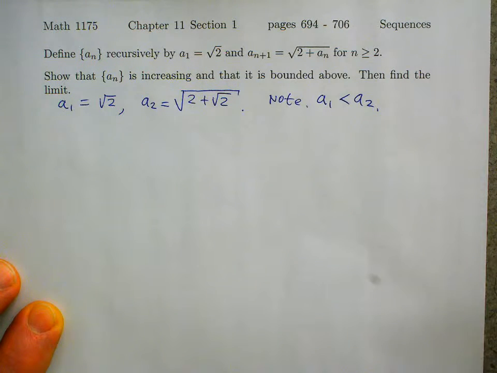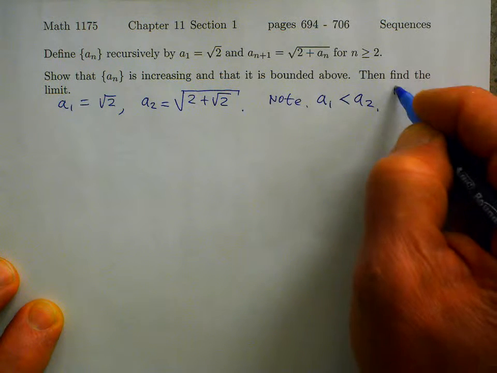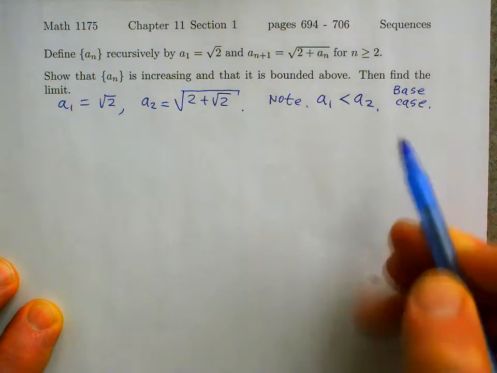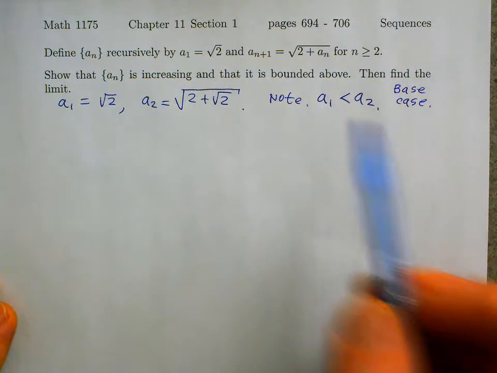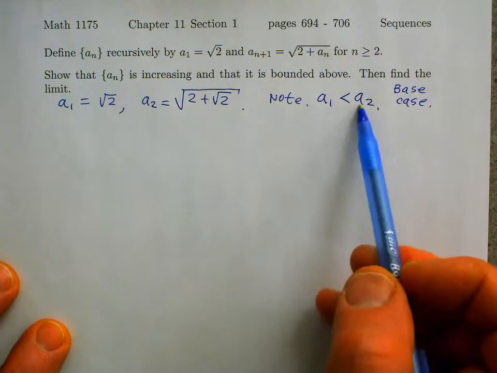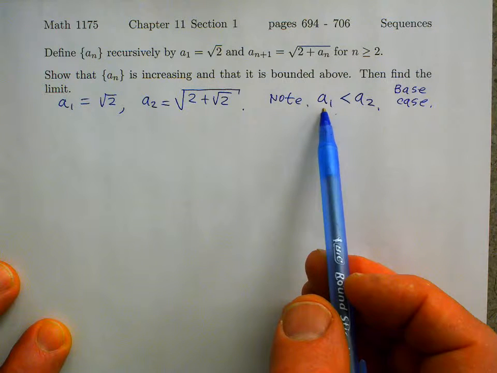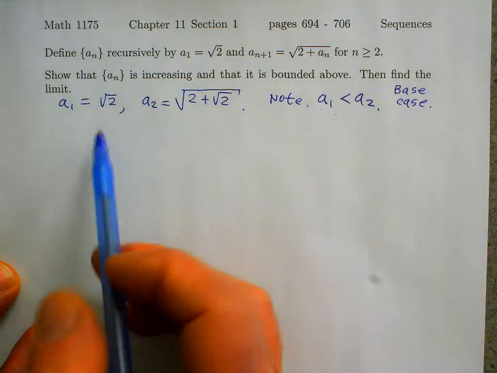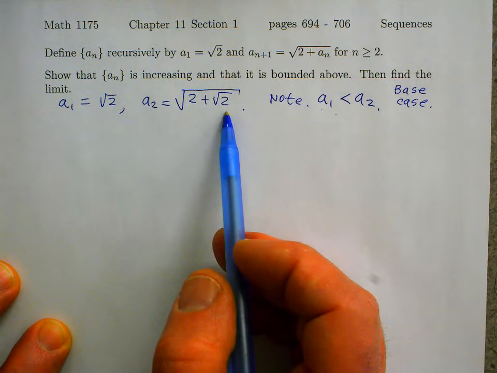What we're going to do is use the induction argument. So this is referred to as the base case. In general, we want to show that the sequence is increasing. So we started with the first two terms, and we observe that the first term is less than the second one. We're all in agreement about that. Square root of 2 is less than the square root of 2 plus the square root of 2.